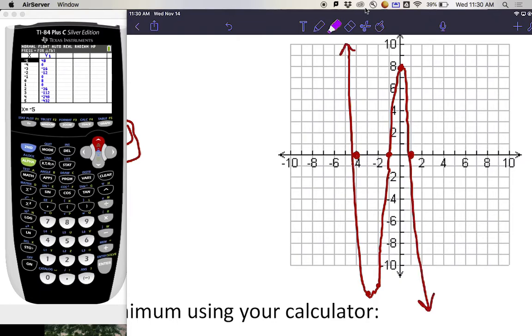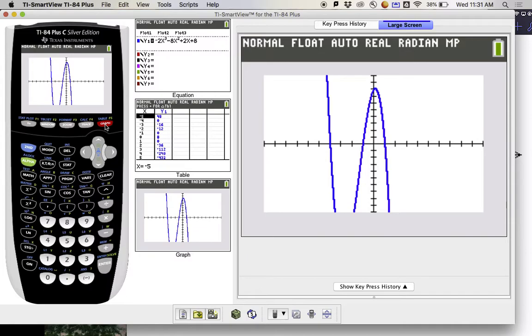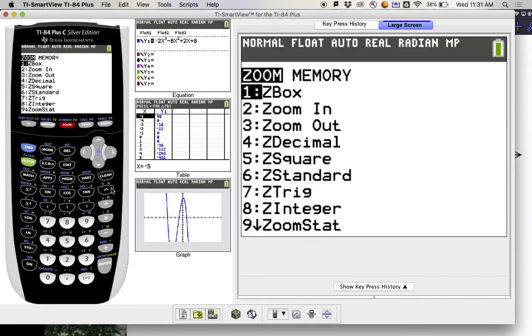Now there's two other things that we're going to talk about here: how to find the relative maxes and mins of the graph, or where it turns. We use our graphing calculator for this. If we're looking at the graph now, we can't see where this little minimum point is, so I'm going to zoom out just a hair.